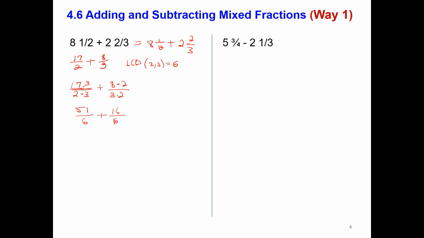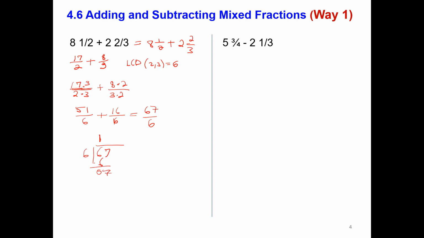Now we add the numbers together. We have 67 over 6. Because this is an improper fraction, we need to convert it into a mixed number. Let's divide by 6. 6 divided by 6 is 1. 1 times 6 is 6, subtract to get 0.